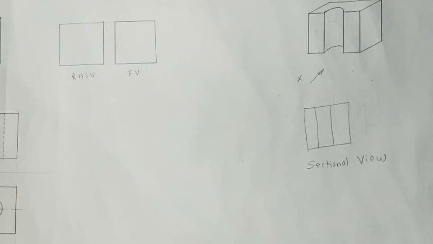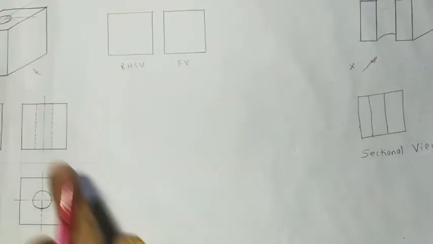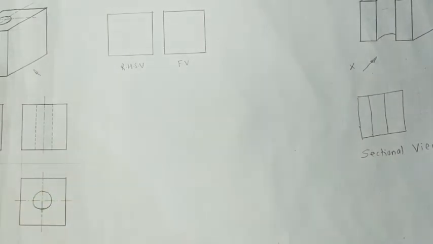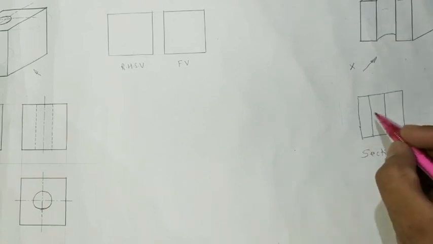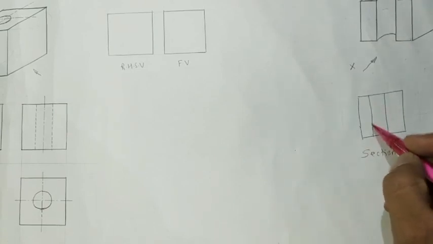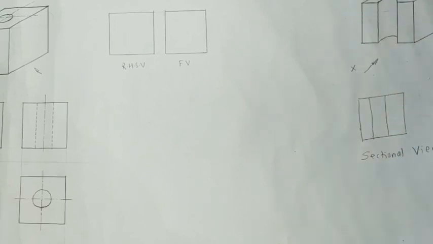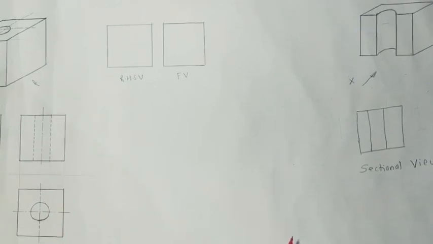Now, what difference do you see between the regular orthographic view and the sectional view? In the sectional view you are able to see this hole. That means you are able to see the edges of the hole. These two edges are now visible after taking the section.